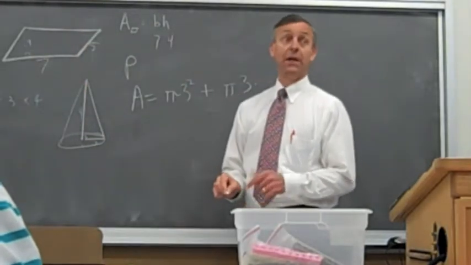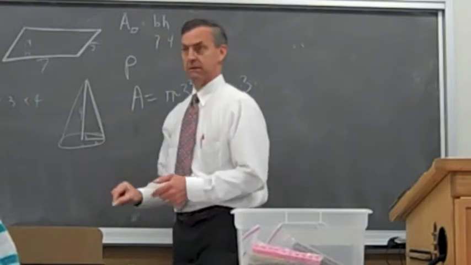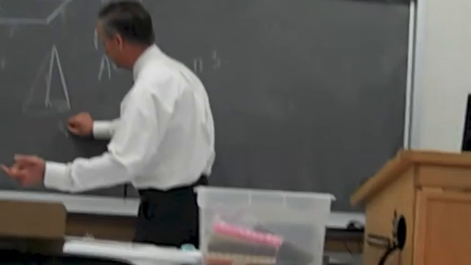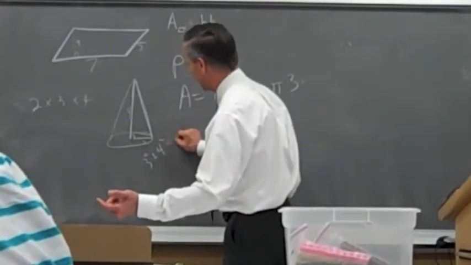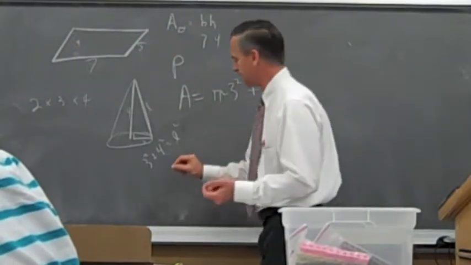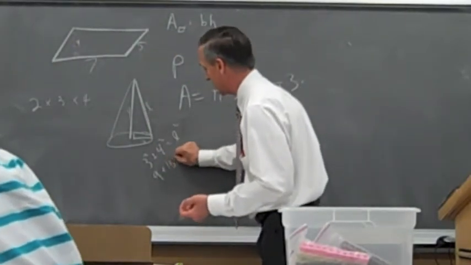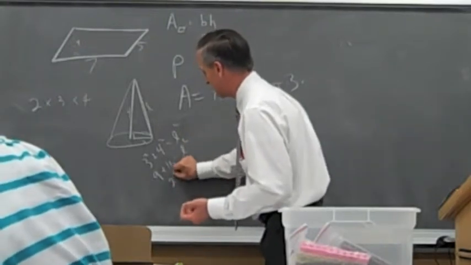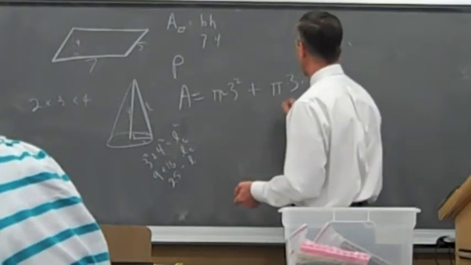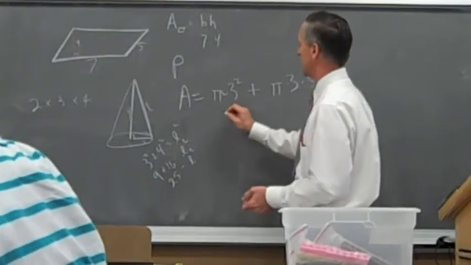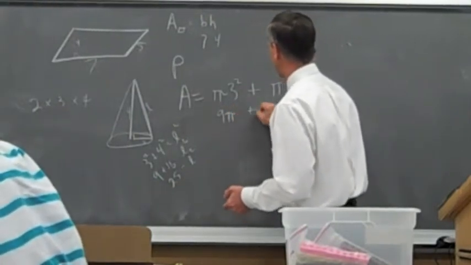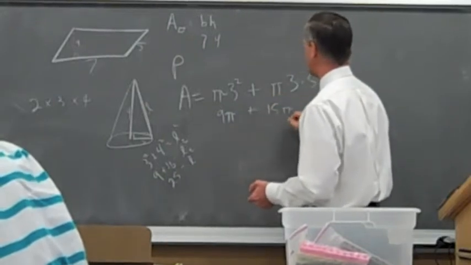So 3 squared plus 4 squared equals L squared, right? 9 plus 16 equals L squared. That's 25 equals L squared. So L must be 5. So this times 5, we've got 9 pi plus 15 pi, which is what?